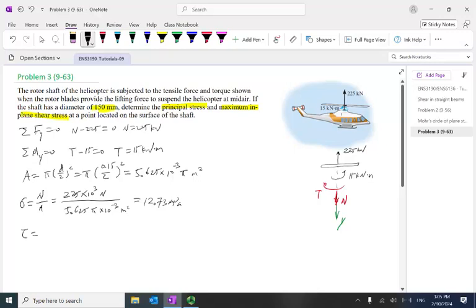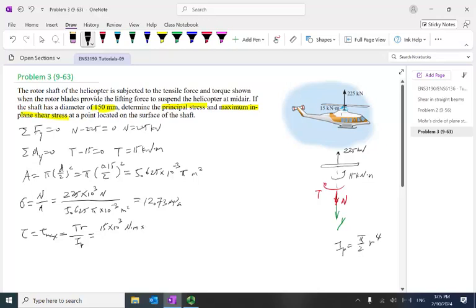Where's the torque? For the torque, we go to the maximum one, tau max, which is equal to TR over J. J, because it's a circle, as we mentioned, is equal to half pi R to the power 4. T we just worked out as 15 kilonewton meter, converted into newton meter.